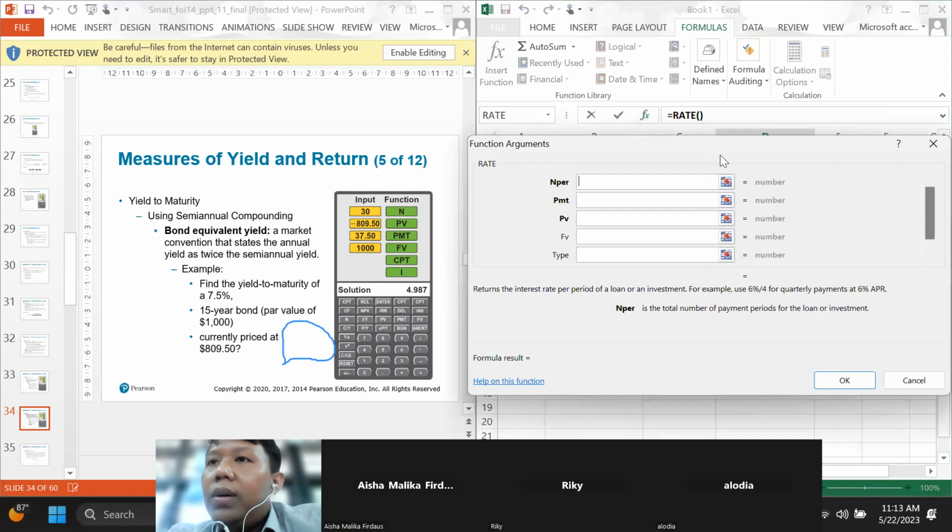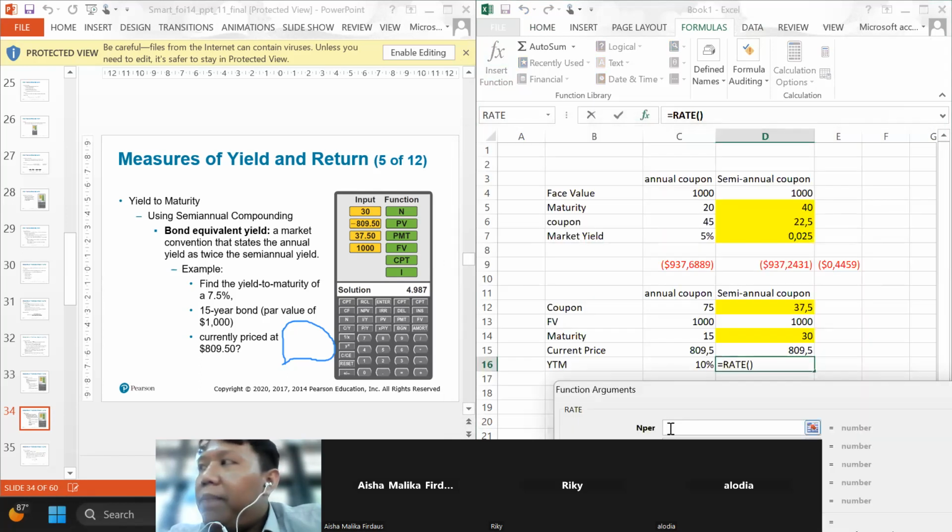The number of periods is 30, payment 37.5, and the present value. Remember, the present value, the current market price, should be a negative value, so you put a negative sign here. And then the face value is 1,000.